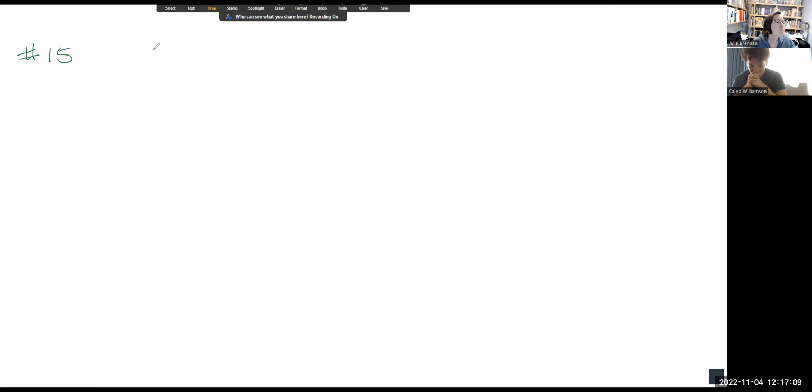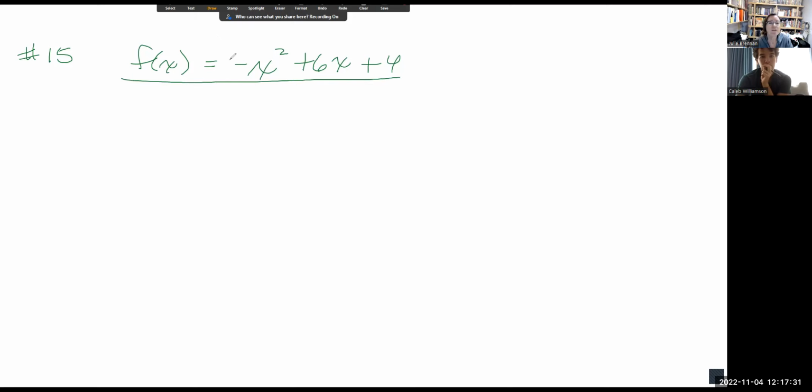The f of x is equal to, this one has a negative. So if I want to turn this into the standard form by completing the square, this is my original function. I think what I would prefer to do is pull that negative out.